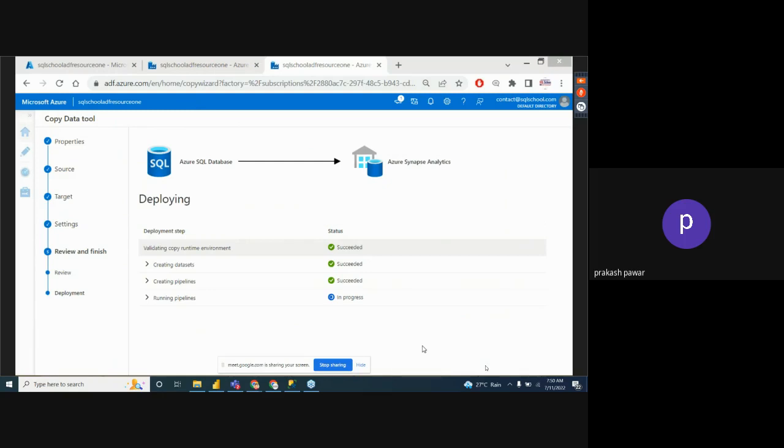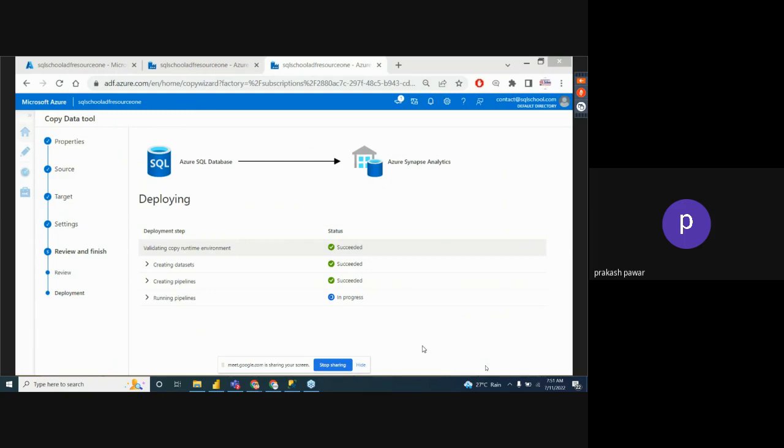Data set means what? A collection of tables involved in the pipeline. That is called a data set. Now your pipeline is ready.